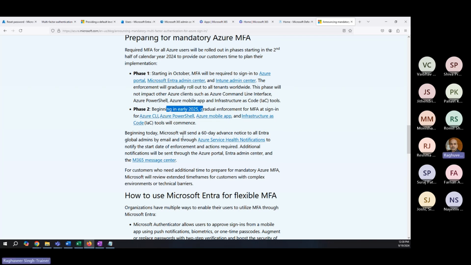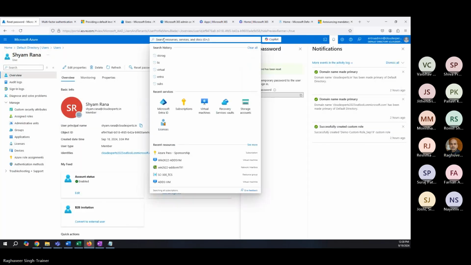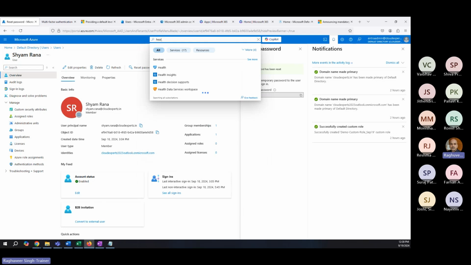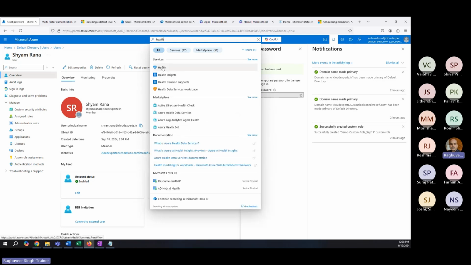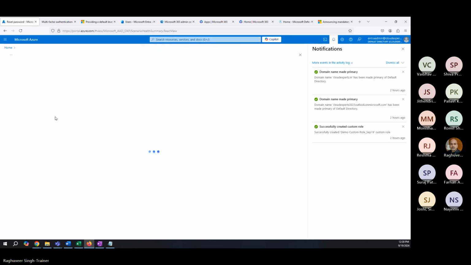Beginning today, Microsoft will send a 60-day advance notice to all Entra global admins by email and through Azure Service Health notifications with the start date of enforcement and action required. So in your account, you will also be able to see under Azure Service Health notifications what my last date is. I'm saying for my account, what is the date for me?